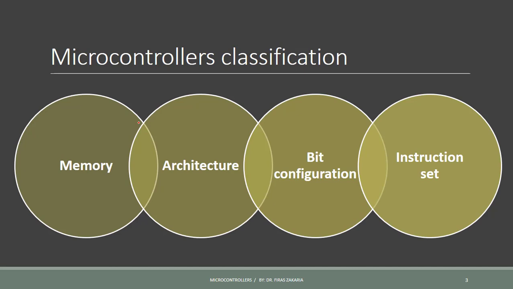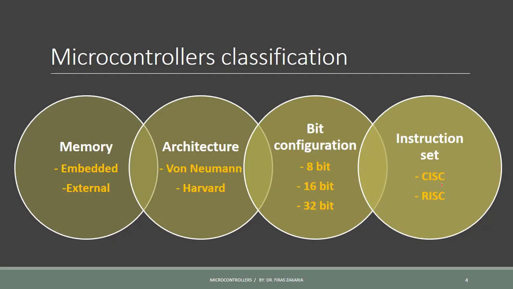Microcontrollers are classified into various categories based on memory, architecture, bit configuration, and instruction sets. Concerning the memory, we have internal and external memory microcontrollers. External memory microcontrollers do not have a program memory on the chip.